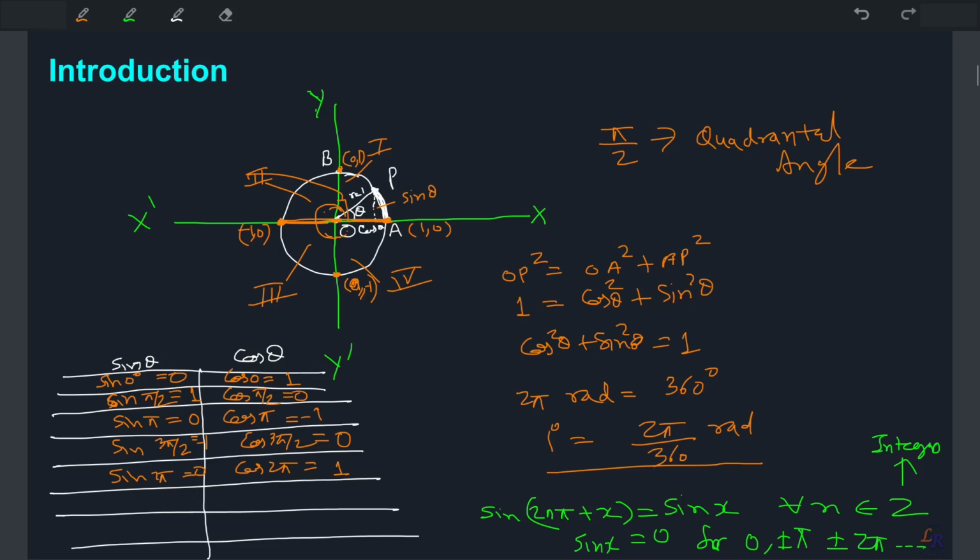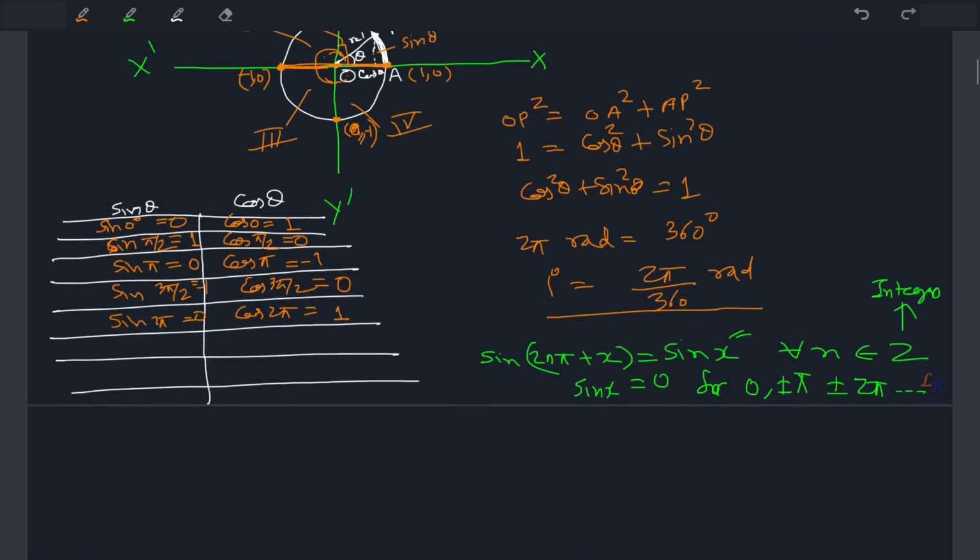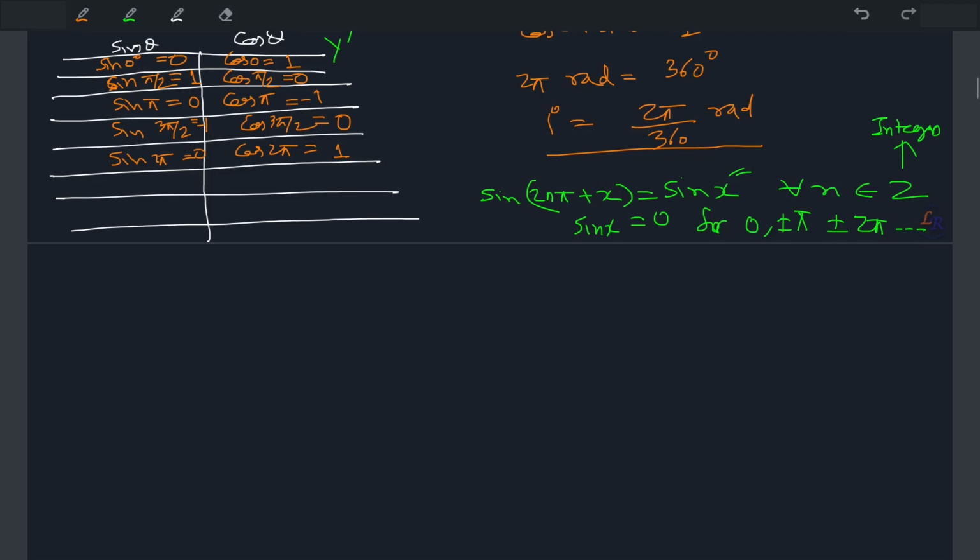Similarly, if you talk about cos, you can write cos of (2n pi plus x) is equal to cos x for every n element of Z.